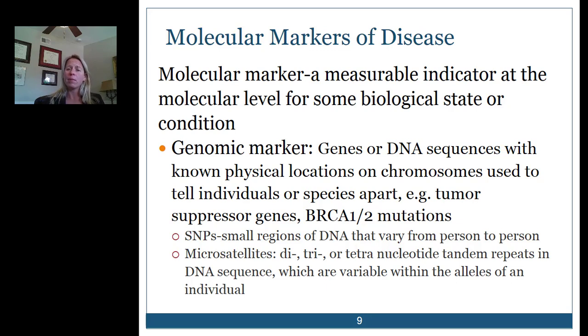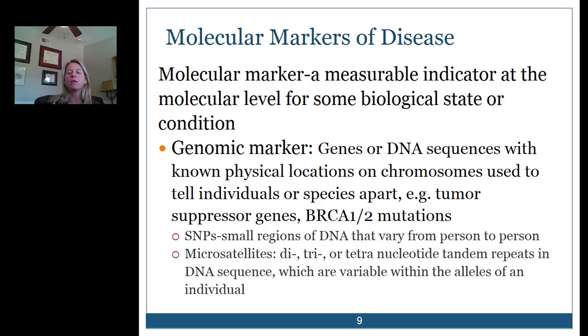Measurability is key. If we believe that there's a marker, but we cannot assay it, then we cannot do molecular typing, right? But nonetheless, in these next two slides, we're talking about markers that we are able to measure, okay?